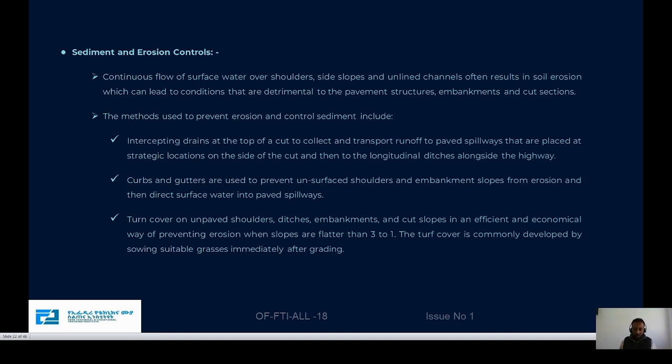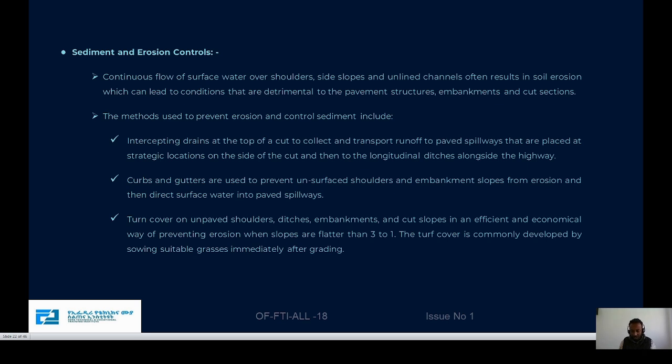Curbs and gutters are also provided to protect unsurfaced shoulders and embankment slopes.